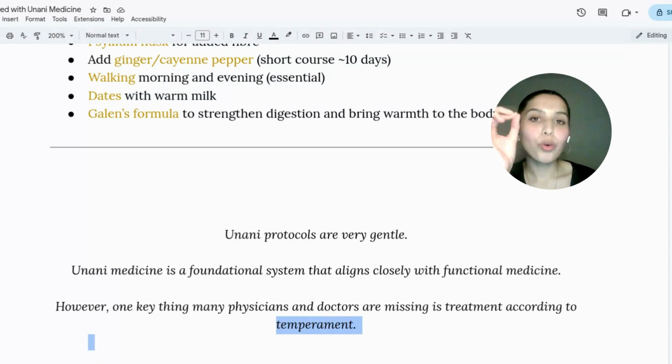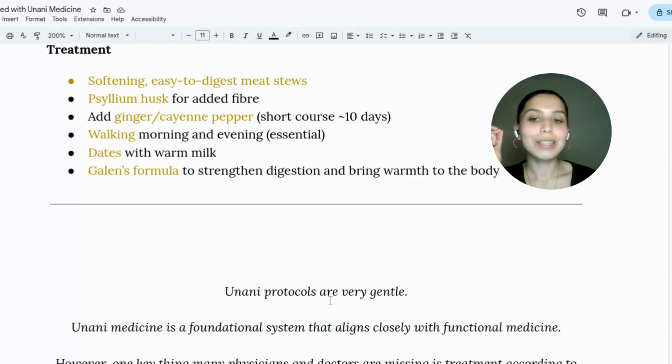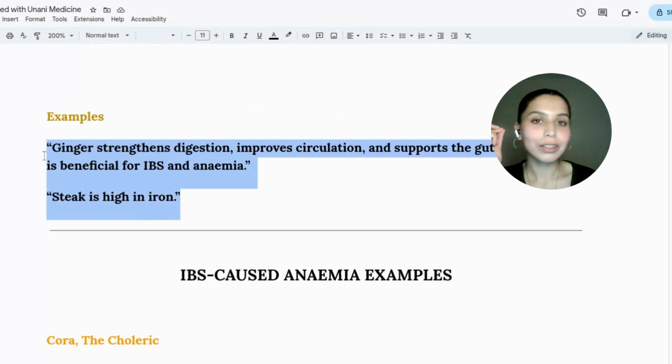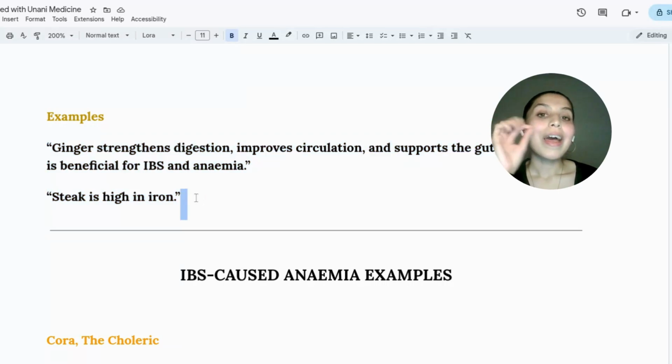It makes it more effective, because yes, both of these two are correct. They're correct on a surface level, but when we don't have the understanding of temperament, it can be erroneous for that case.